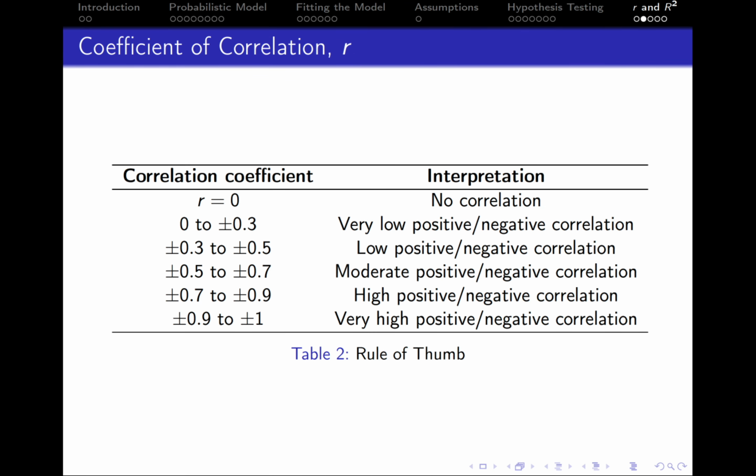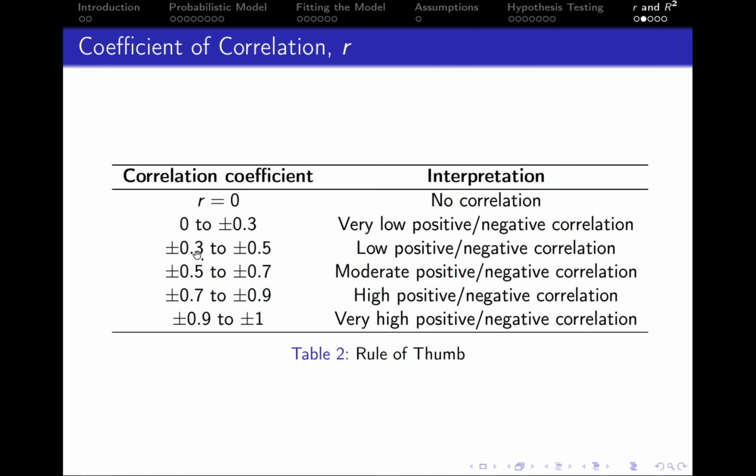As a rule of thumb, you can use this table to interpret the correlation between the two variables. So if the correlation coefficient is 0, then we say that there is no correlation. If it lies from 0 to positive 0.3 or from 0 to negative 0.3, we say that there is very low positive or negative correlation.